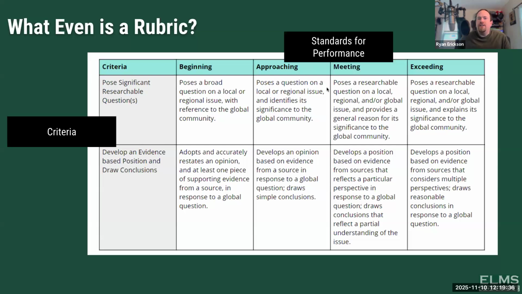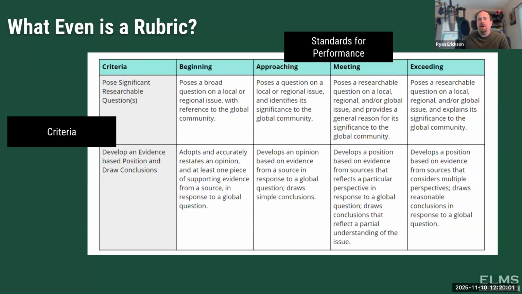So what even is a rubric, right? Rubrics are primarily ways to grade things based on set performance criteria measured against a type of standard. This is a really quick example of what a rubric can look like.